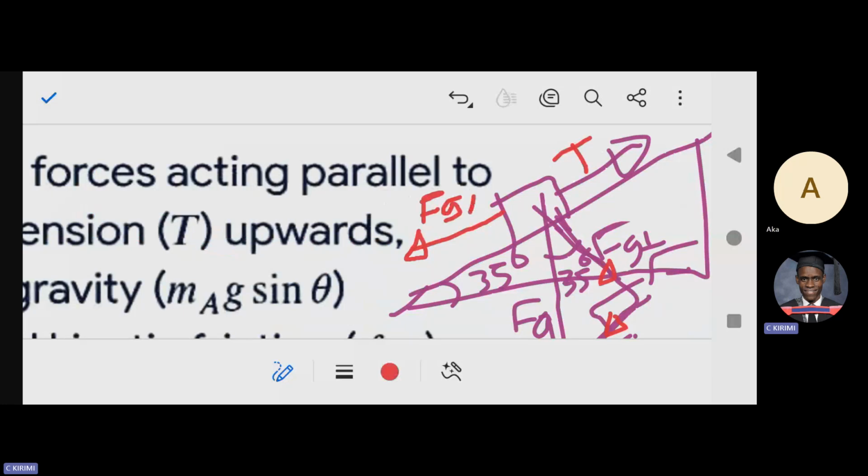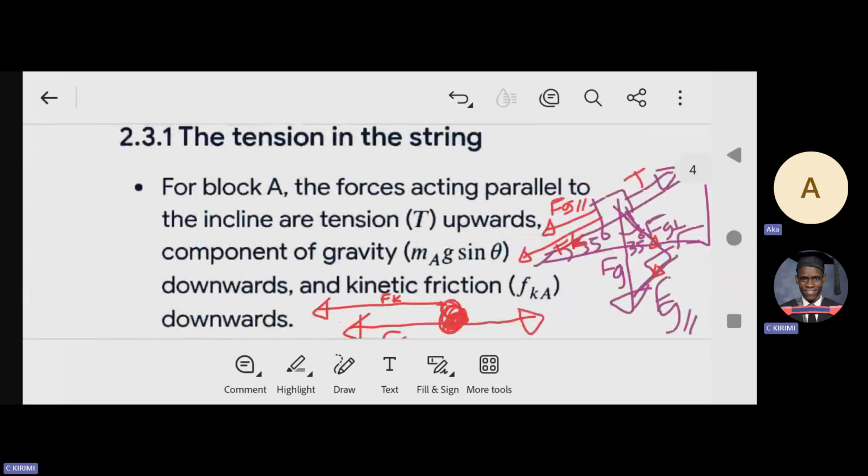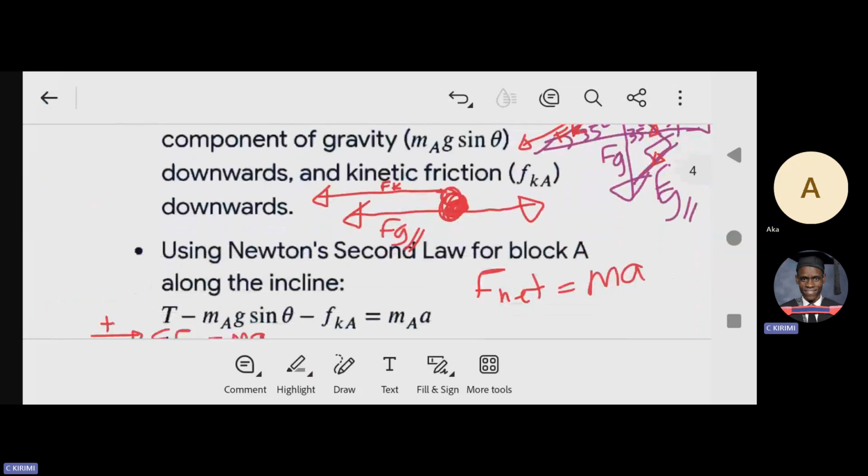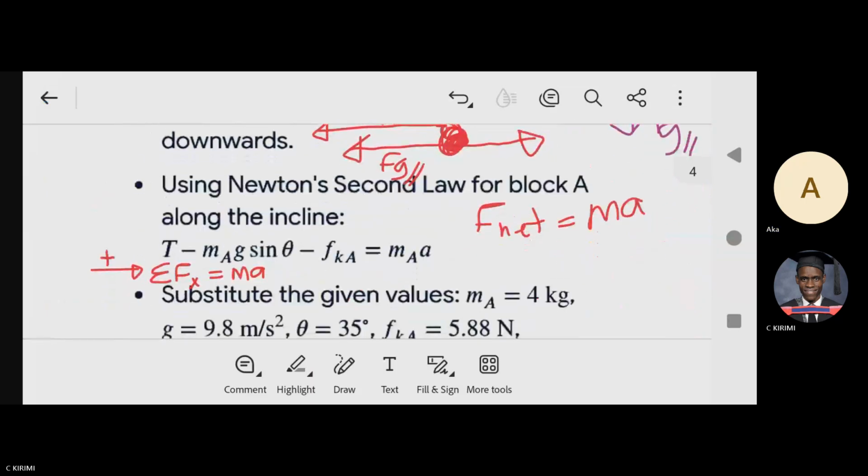Also on the incline, I have FK. Now I have taken only the components. So this is what is happening here. The sum of those forces must all equal mass times acceleration.